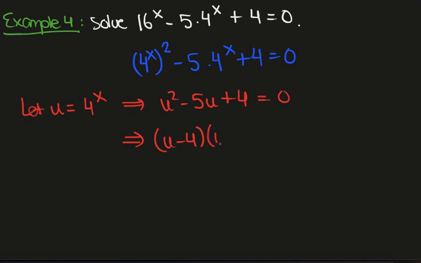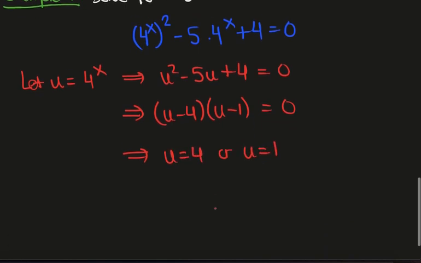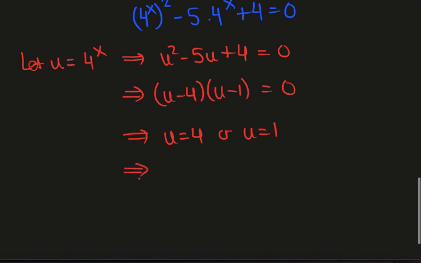So I get u minus 4, u minus 1 equals 0. So u equals 4 or u equals 1. And u is 4 to the x, so we get 4 to the x equals 4, or 4 to the x equals 1.